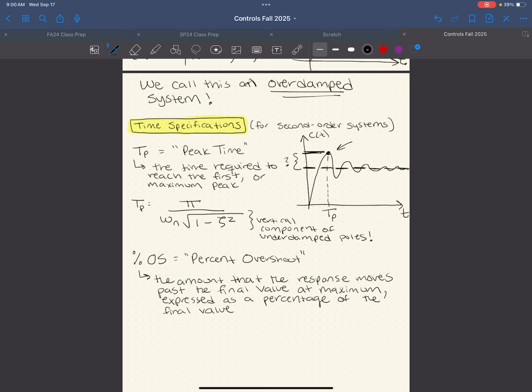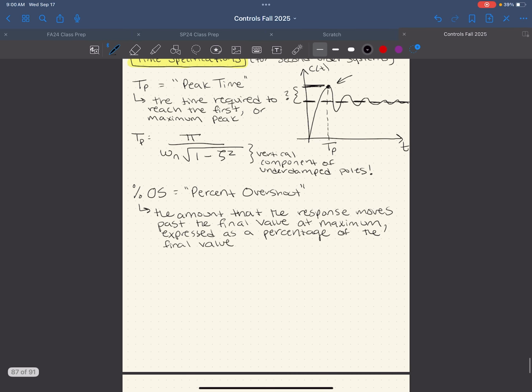And then we express that as a percentage of that final value. Our equation here is percent overshoot is equal to e to the minus zeta pi all over square root of 1 minus zeta squared, and then this quantity times 100.